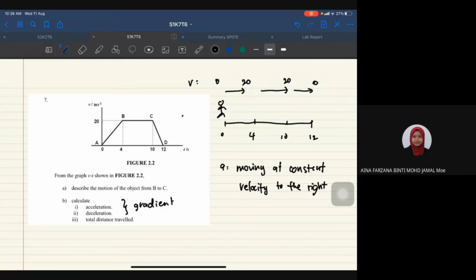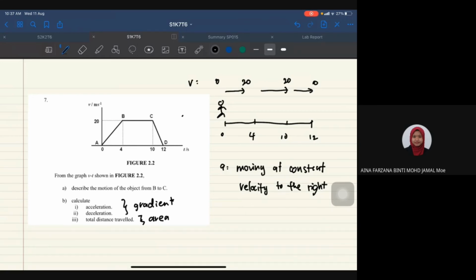And the gradient ni, dia sebenarnya adalah sama dengan formula yang kawan-kawan pakai tadi, V equals to U plus AT. Cuma biasanya kita pakai term gradient dekat sini. So gradient of the graph is equal to acceleration and deceleration. On the other hand, kalau nak total distance travel, this one will be area.